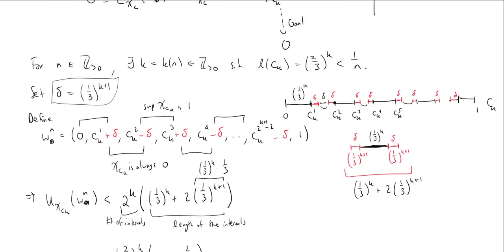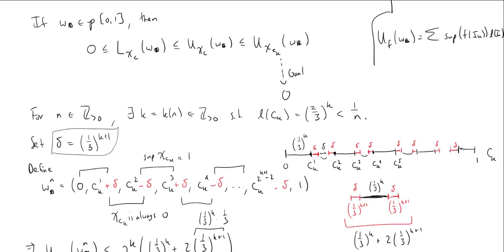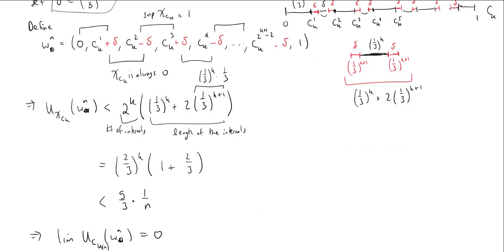So we've done it. We've shown that we can build a sequence of upper sums that converges to 0. And each one of those upper sums is at least as big as the upper sum for chi C, because this was true for any partition and for any C_k over here.